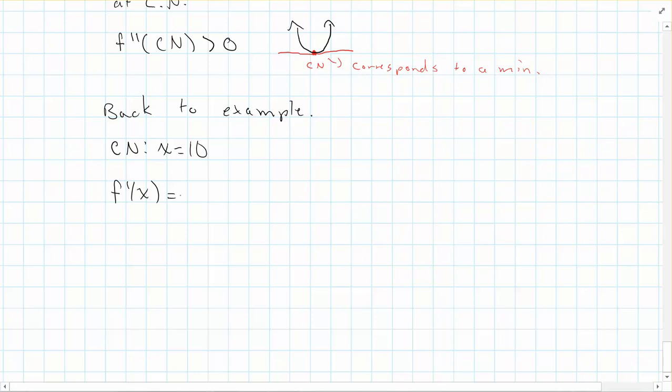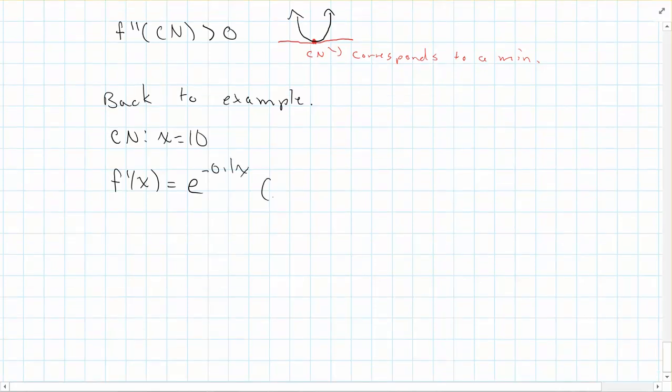My first derivative was e to the negative 0.1x times 1 minus 0.1x. Now, this is where the disadvantage of the second derivative test comes from, is that you need a second derivative. So I have to take another derivative here, which means I'm going to need to do another product rule.